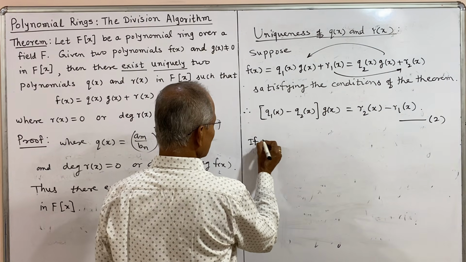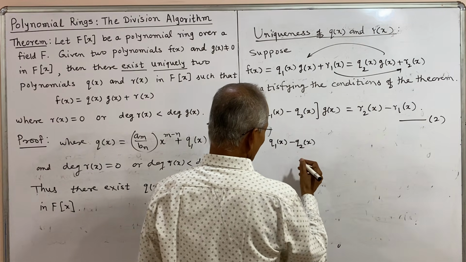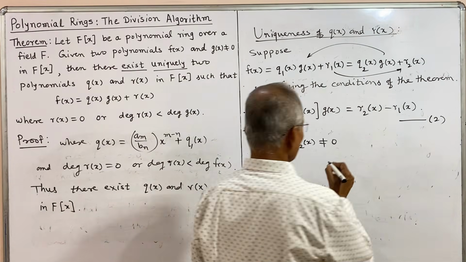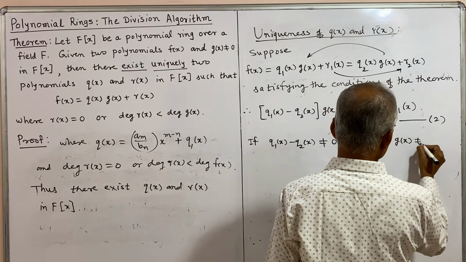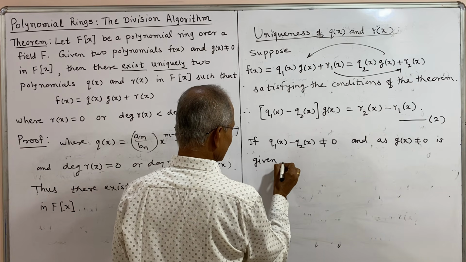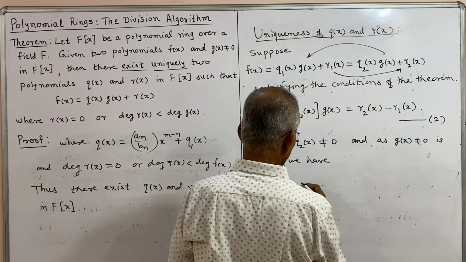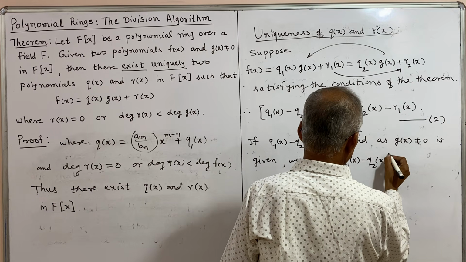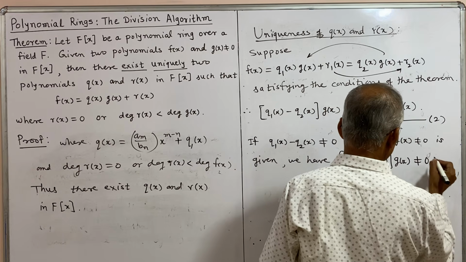So if q1 of x minus q2 of x is not equal to 0, and as g of x is not equal to 0 is given, we have this product is not 0: q1 of x minus q2 of x into g of x is not equal to 0.